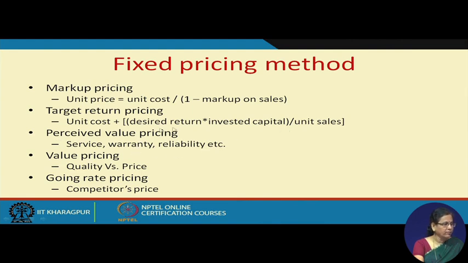Similarly, it depends not only on these values, but on the other services that you provide, and warranty, reliability, etc., you can charge even more.